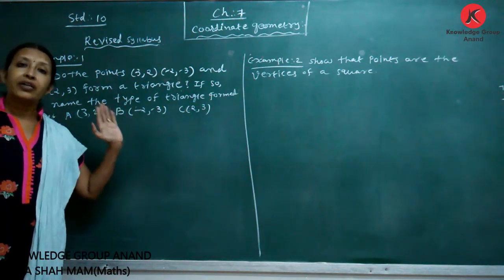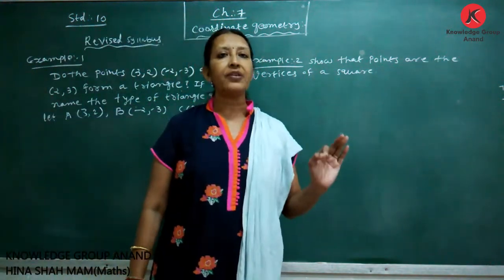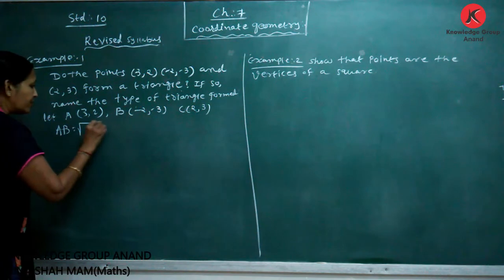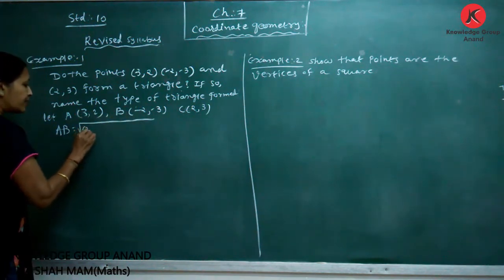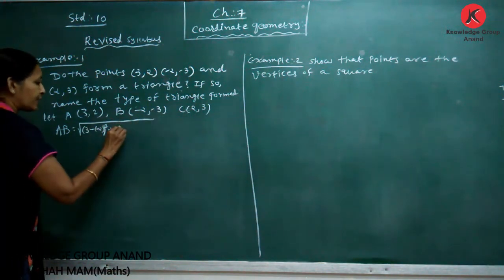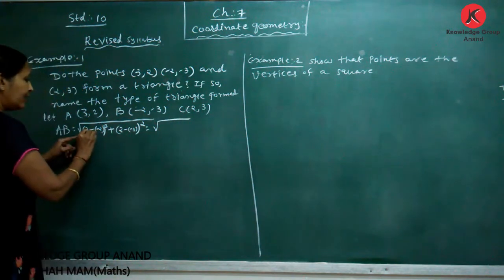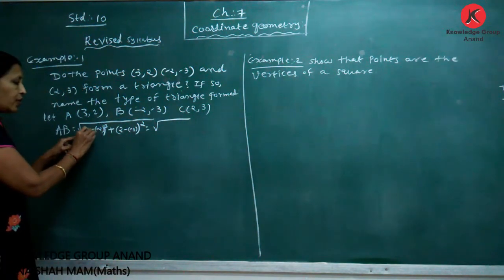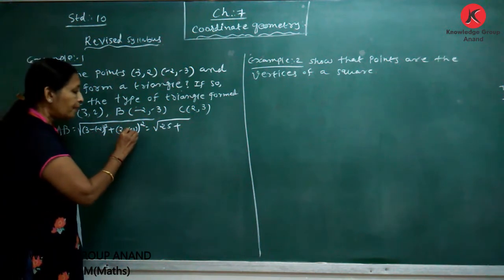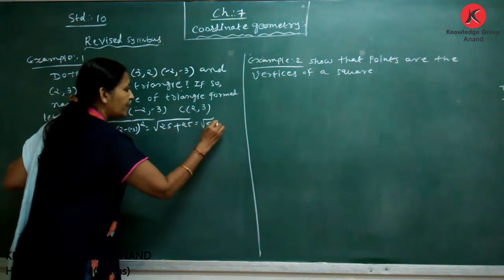AB is equal to root of (3 minus 2) square... that is, 3 plus 2 is 5, 5 square is 25, plus (2 plus 3) is 5, 5 square is 25, so root 50.